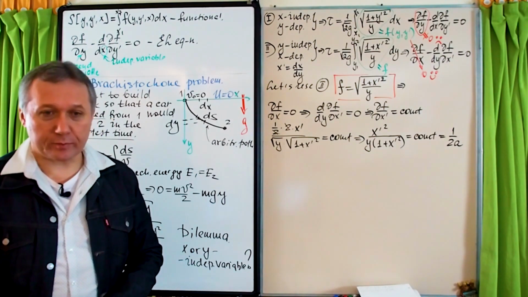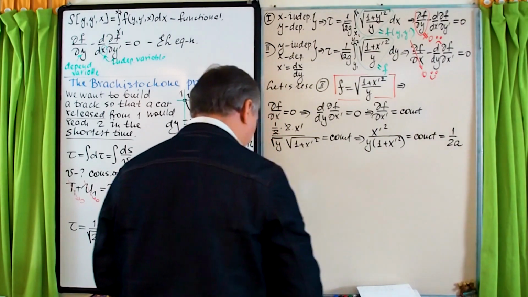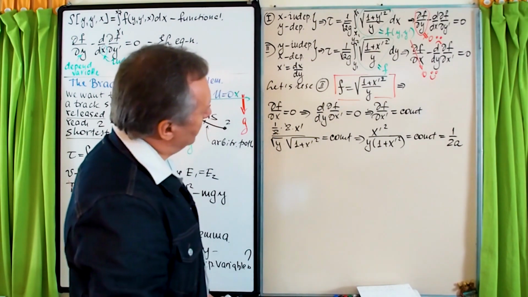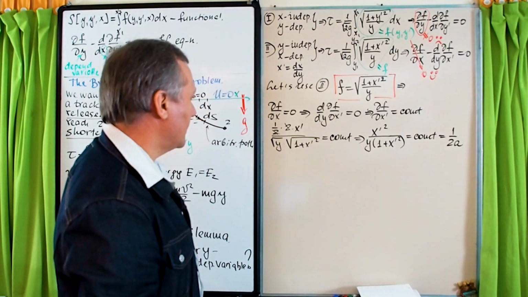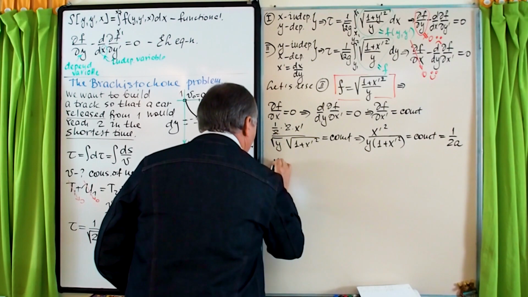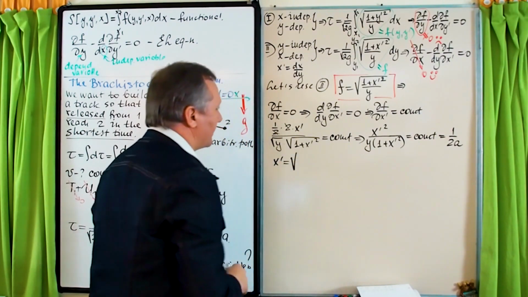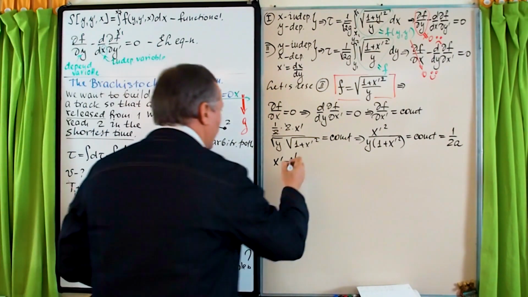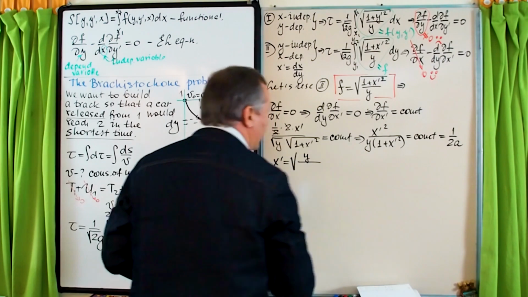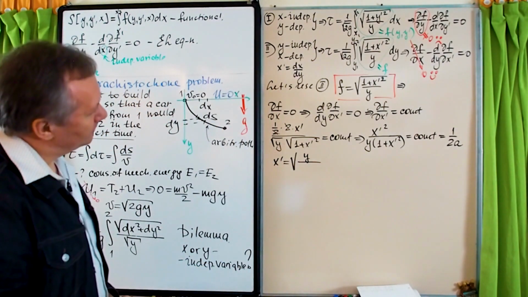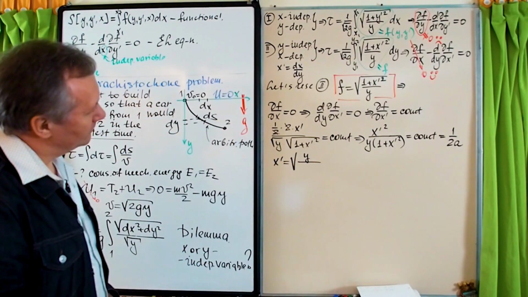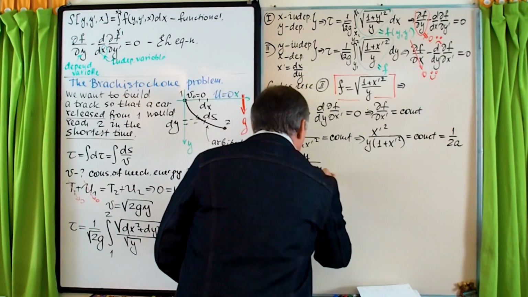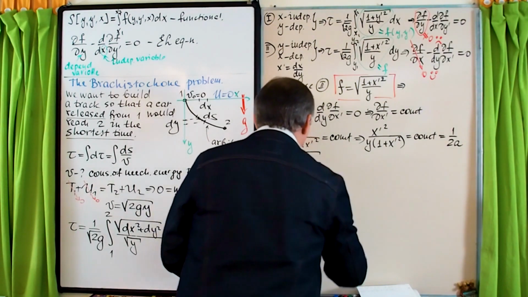Okay, so now let's solve it for x prime. I think I should be able to solve. x prime will be the square root of 2... y will be there, so it will be y upstairs, and then 2a minus y.